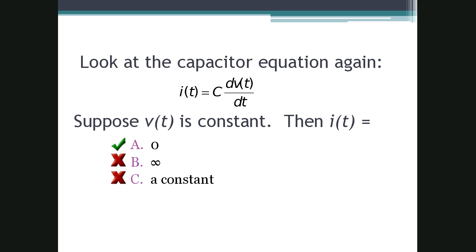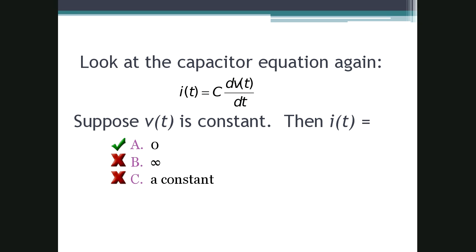So given the equation for the current with respect to time for a capacitor, and given that we are introducing a constant voltage, we can calculate that i(t) is 0. We learned a basic concept of the derivative last lecture, in that it is looking at a difference in something with respect to something else. So the difference in something in the numerator with respect to something else in the denominator.